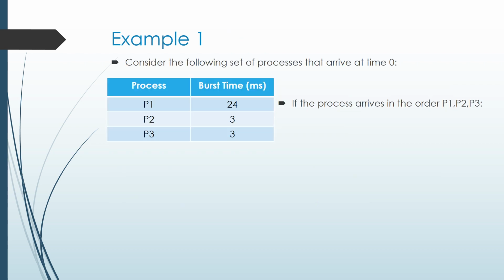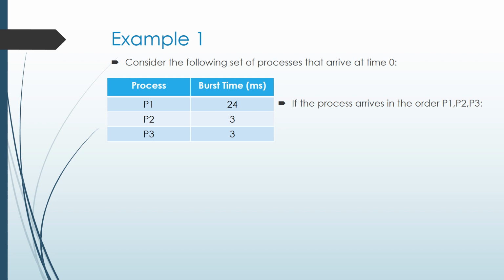Now let's have an example here. Let us consider the following set of processes that arrive at time 0. We have process P1, P2, and P3. P1 has a burst time of 24 milliseconds. So it takes the CPU 24 milliseconds to process P1.